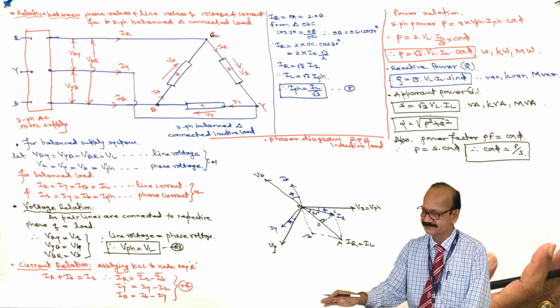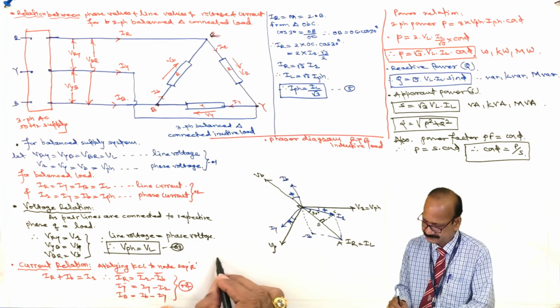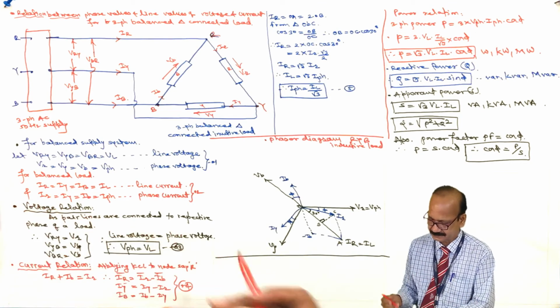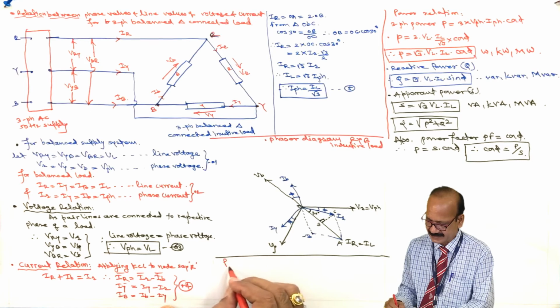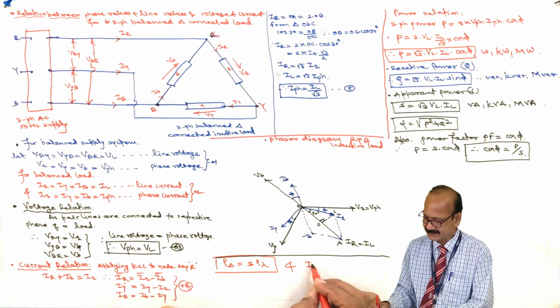Further, in delta circuit, power in delta circuit equal to 3 times power in star circuit. And line current in delta circuit equal to 3 times line current in star circuit.